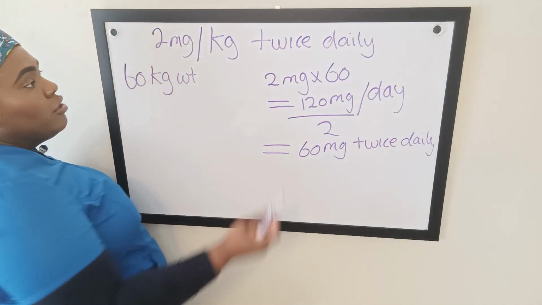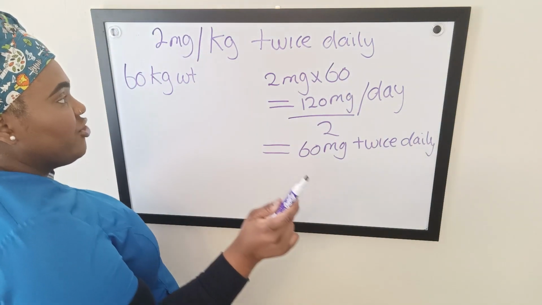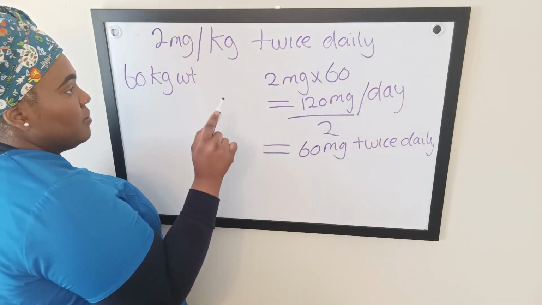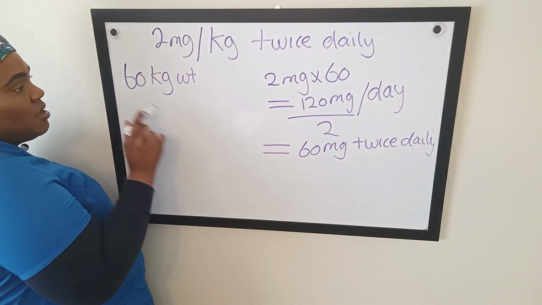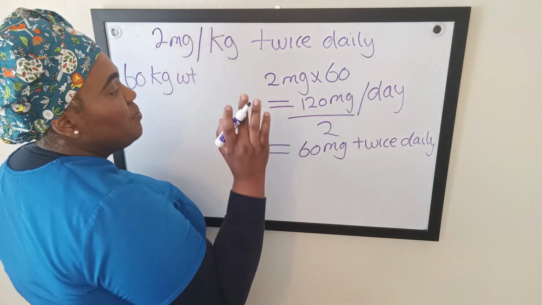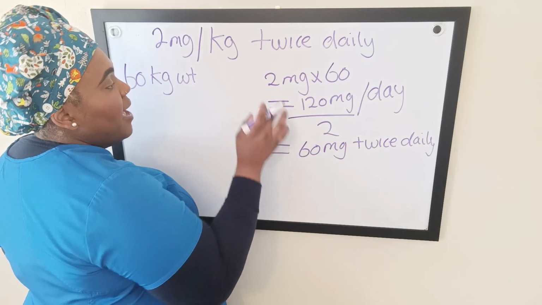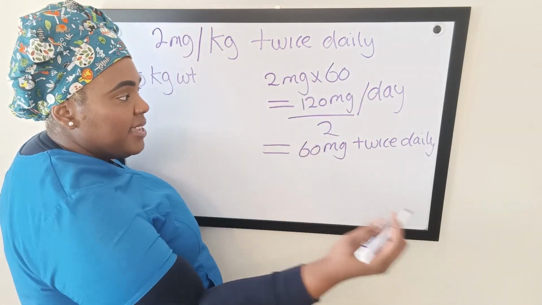All right. So the order was medication prescribed for this patient at 2 milligrams per kg twice daily. Our patient's weight is 60 kgs. We have to find out how many milligrams we have to give this patient in one day. To do that, you take the 2 milligrams and multiply it by the patient's weight in kgs.